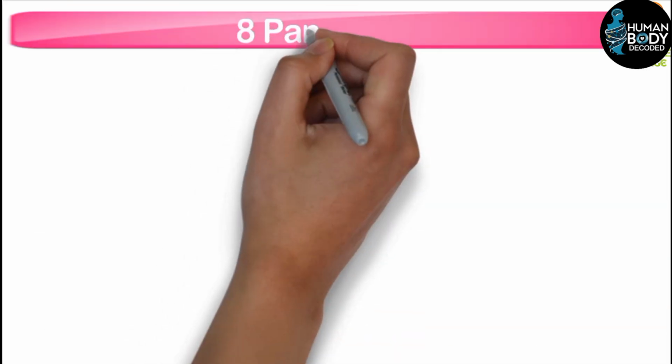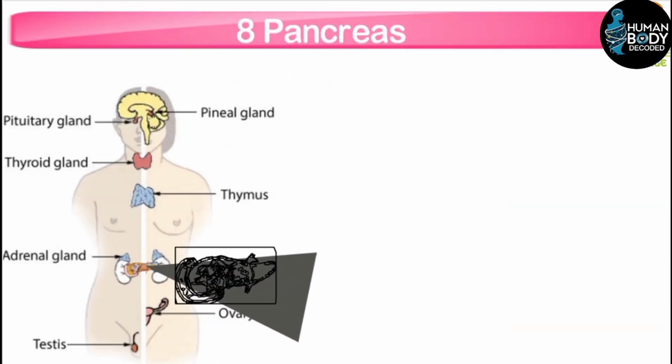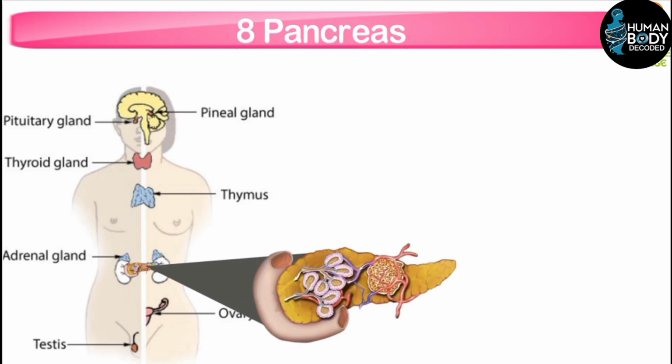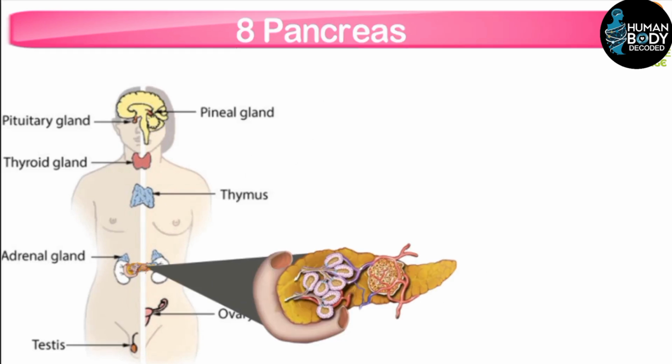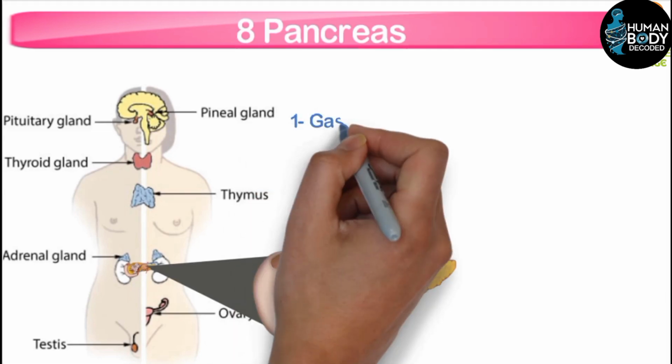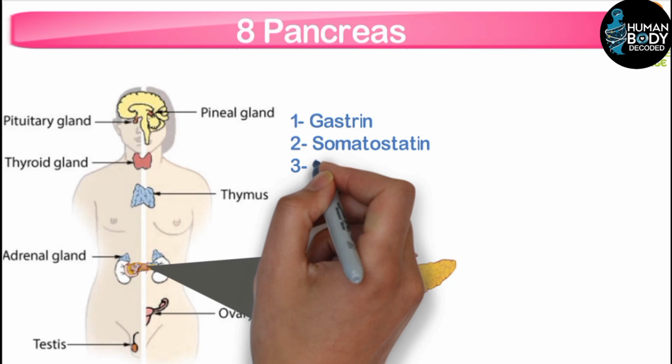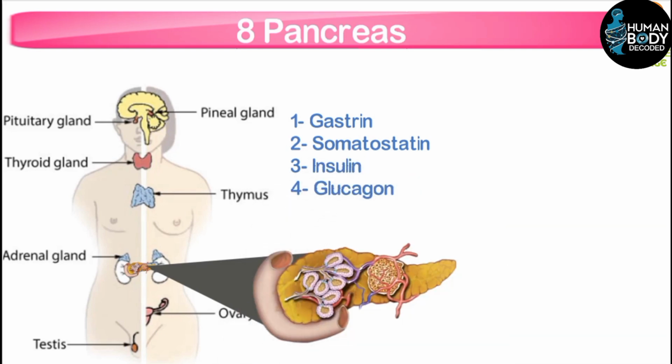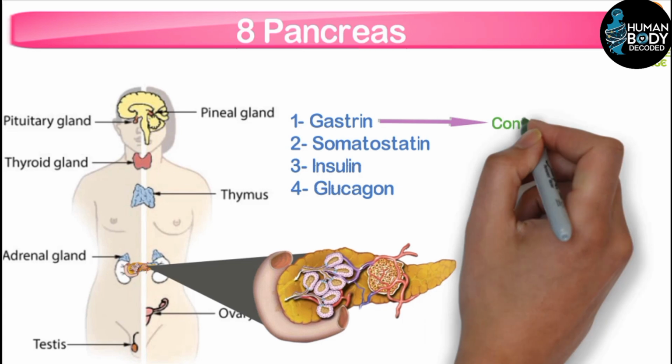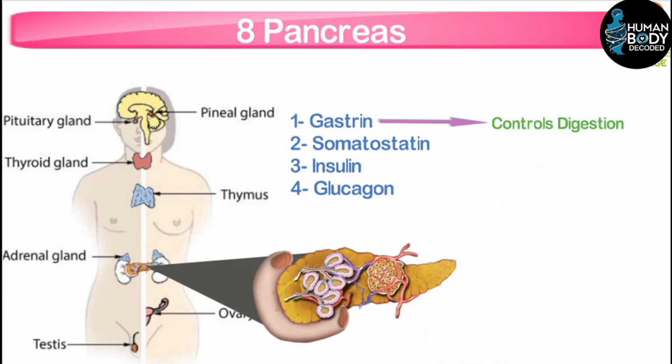Now we come to gland number 8, the pancreas. The pancreas releases four hormones in our body: insulin, glucagon, somatostatin, and gastrin. Gastrin helps in our body's digestion. Somatostatin maintains salt balance.